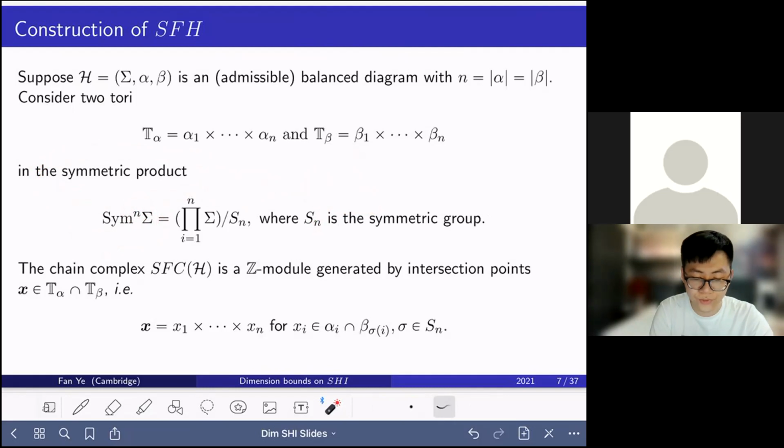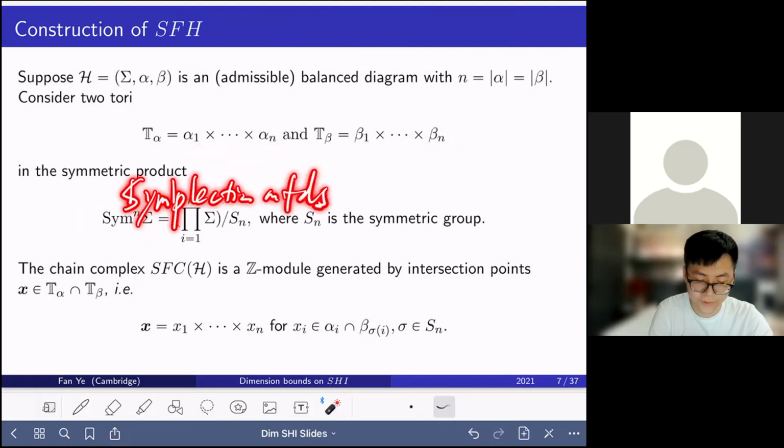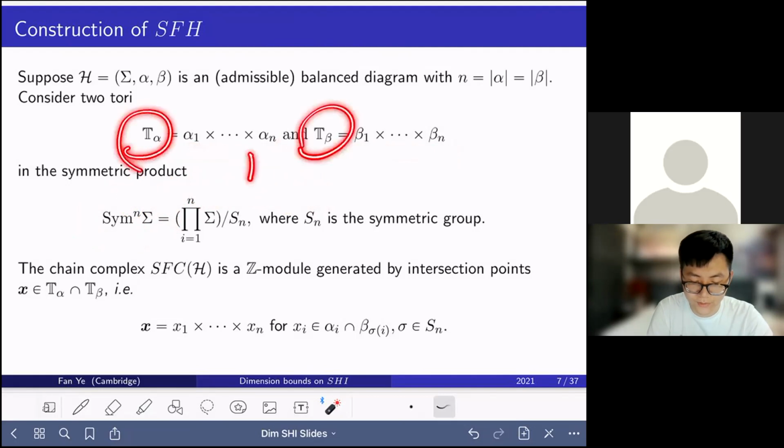Also, we choose two tori, which are the products of alpha curves and beta curves. So in this case, we can say this is a symplectic manifold, and those two are Lagrangians.